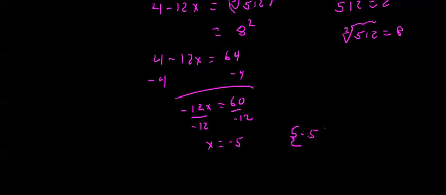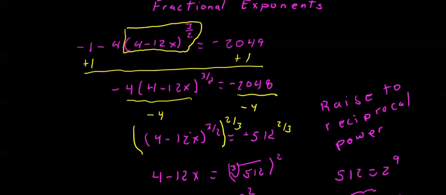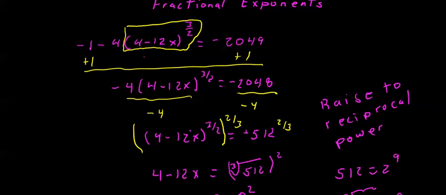And we're done. Let's go over this. Only 2 things we did: isolate what is being taken to the power, and then raise it to the reciprocal power on both sides. That's it. Very, very simple.